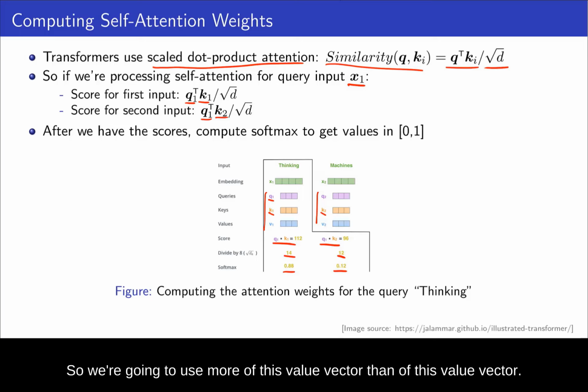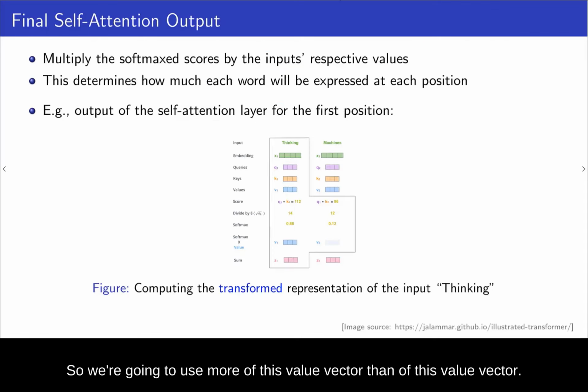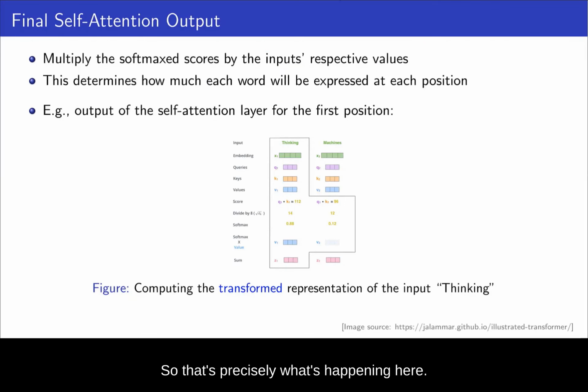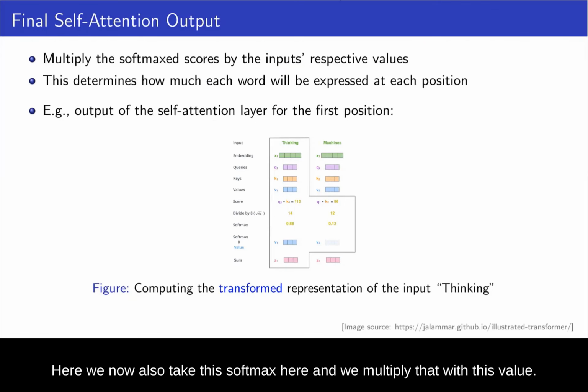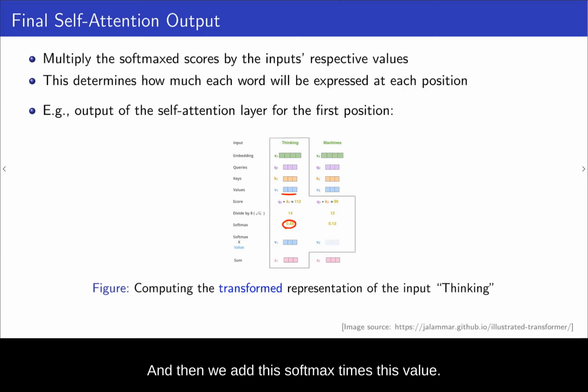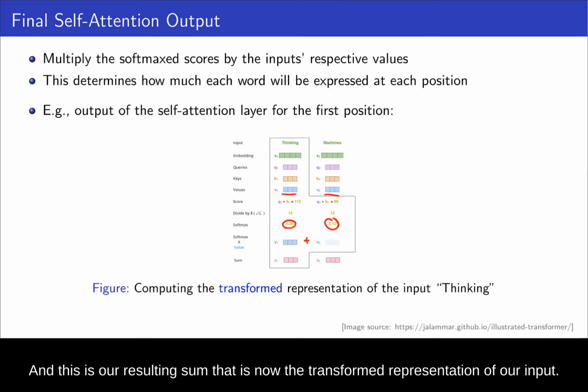So we're going to use more of this value vector than of this value vector. That's precisely what's happening here. Here we now also take this softmax and multiply it with this value, and then we add this softmax times this value. This is our resulting sum that is now the transformed representation of our input.